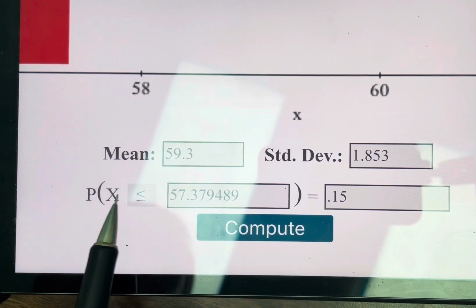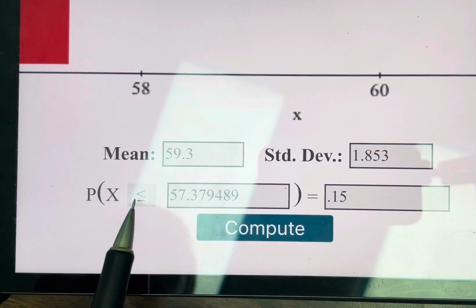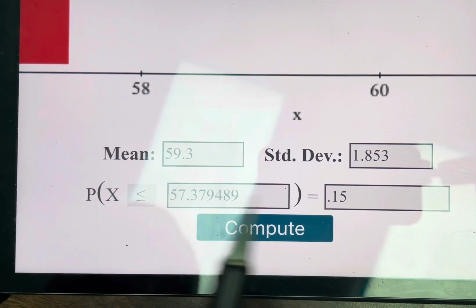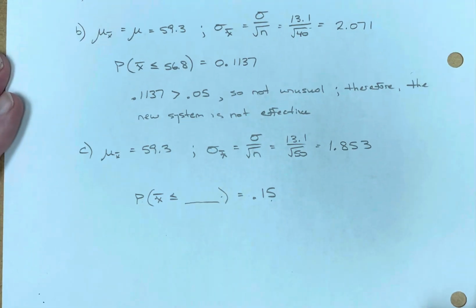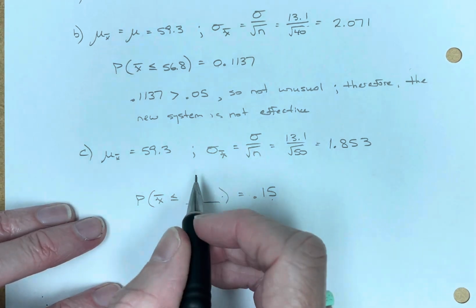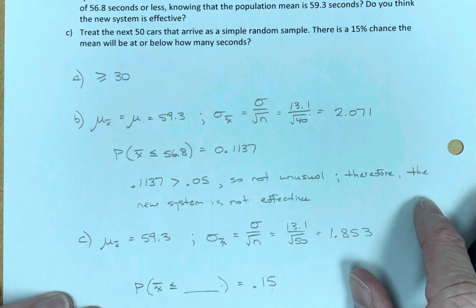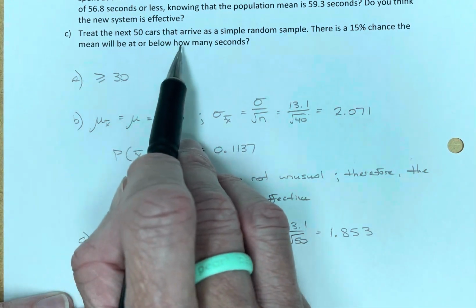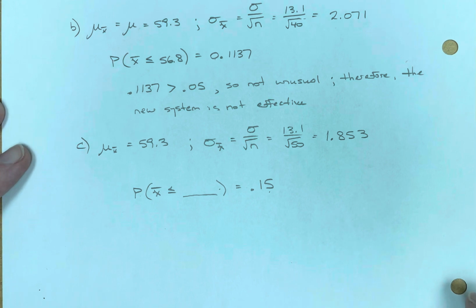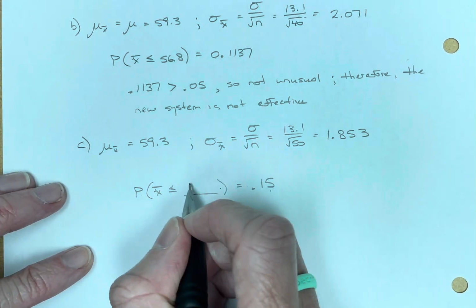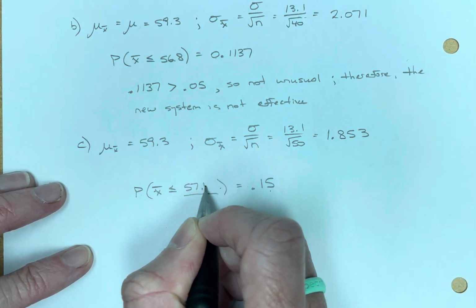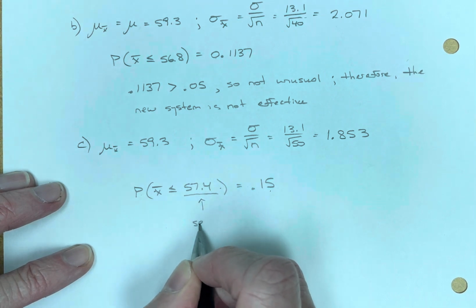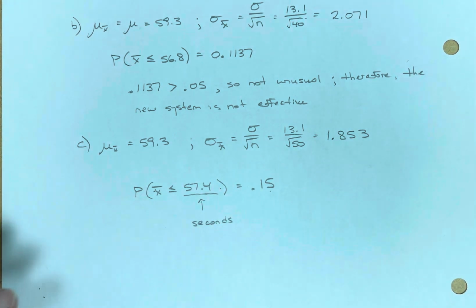It computed it for us. So the probability that it's less than or equal to 57.4 seconds. So you can compute either. Kind of nice to know that. So we'll go back to the question. There's a 15% chance that the mean will be at or below how many seconds? The mean will be at or below 57.4 seconds. And that solves that one for us.